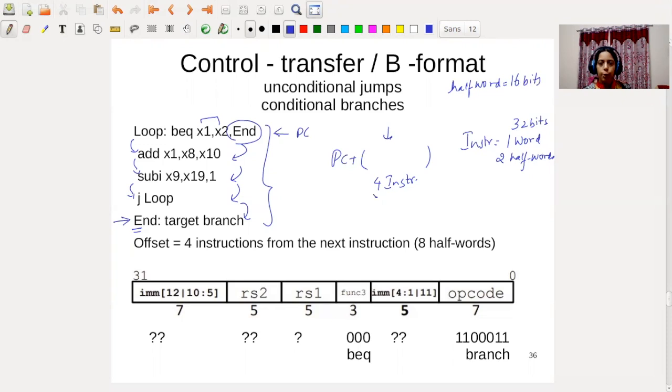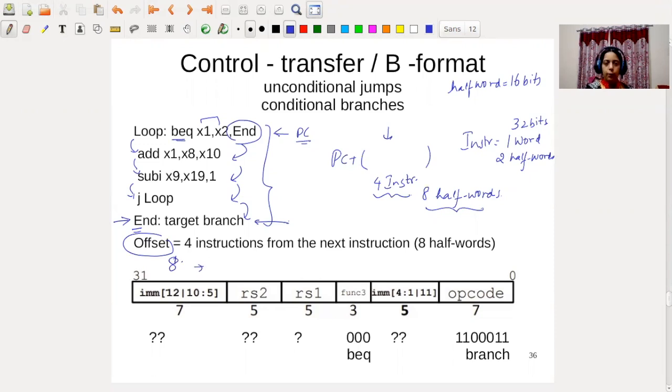So 4 instructions means it is equivalent to 8 half words. So from the PC location, how far is the target branch address? This is about 8 half words away from the PC location. So therefore, our offset is going to be 8, because this is 8 half words.